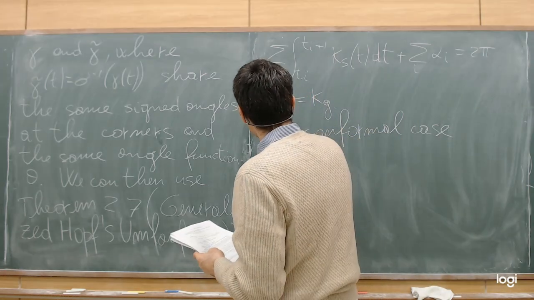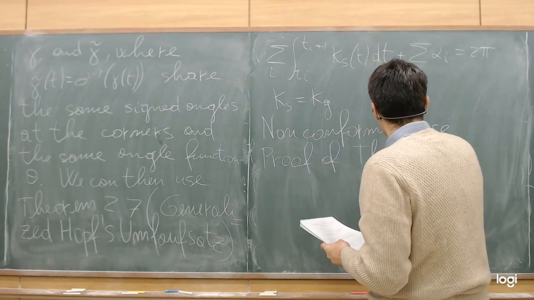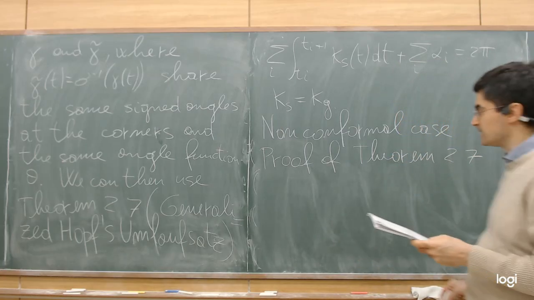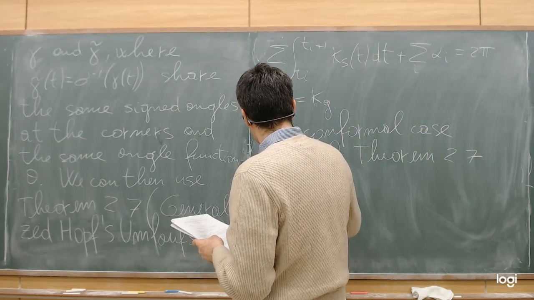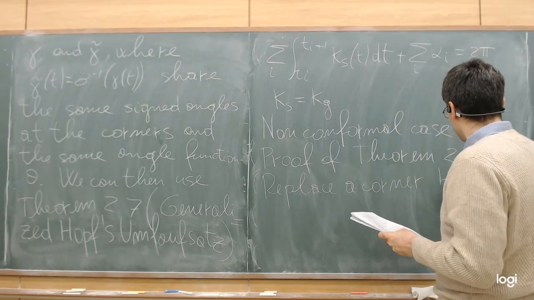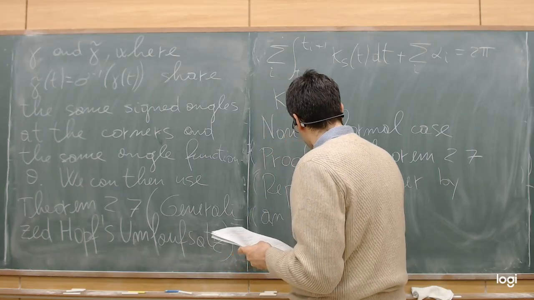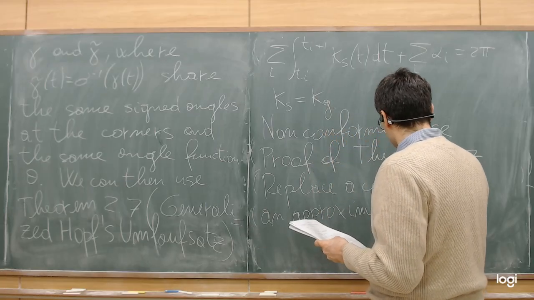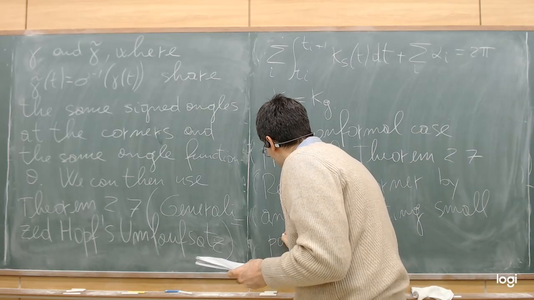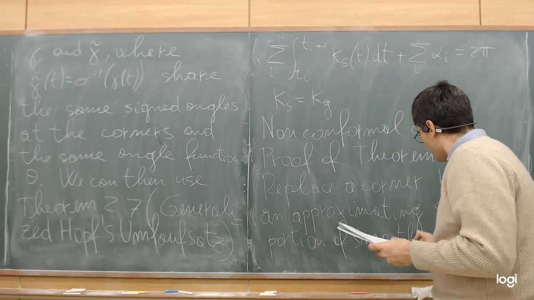We look at the proof of this theorem, and the idea is that we replace a corner by an approximating small portion of smooth curve.